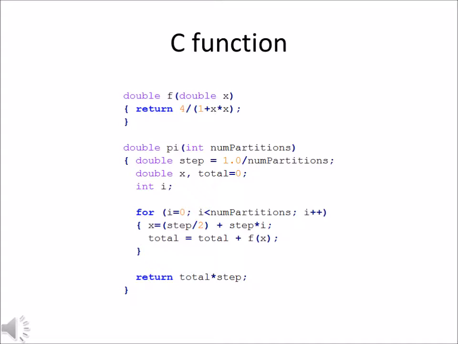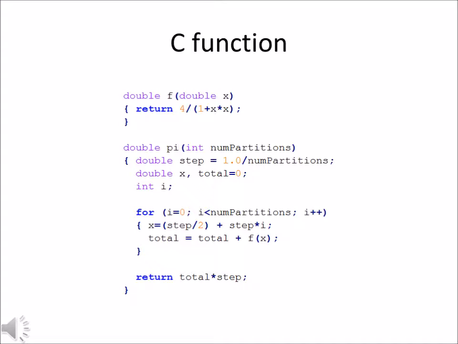This is the function that was called from the main function in the previous page. In this function, it takes the number of partitions and then figures out that each step is going to be 1 divided by the number of partitions. After that, it goes through a loop through every single partition, calculating the area of each partition.